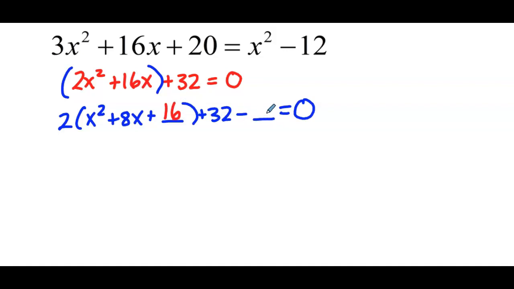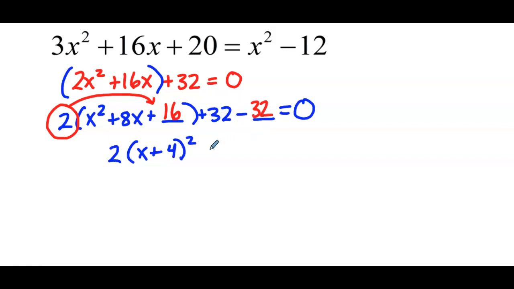Now we're not really subtracting 16 though. We have this 2 in front. If we were to distribute it back out, it would turn this into a 32. So we have to subtract 32. Okay, so that means 2 times (x plus 4) squared, and then that's just 0, equals 0.